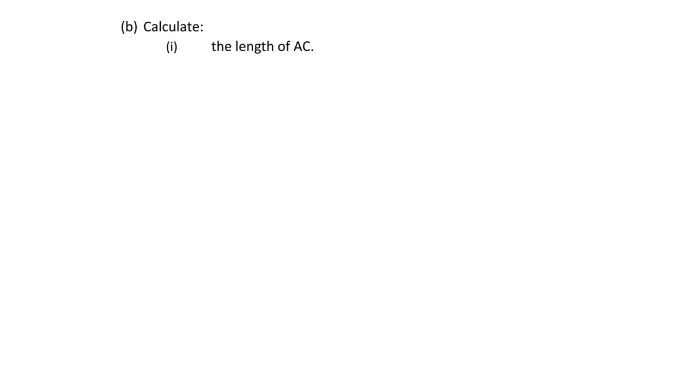Okay, so since this is the right-angled triangle, then we are going to use the Pythagoras theorem, which says AC squared equals AB squared plus BC squared. Okay, so now let us substitute the values which we have. We are going to have AC squared equals 8 squared plus 6 squared.